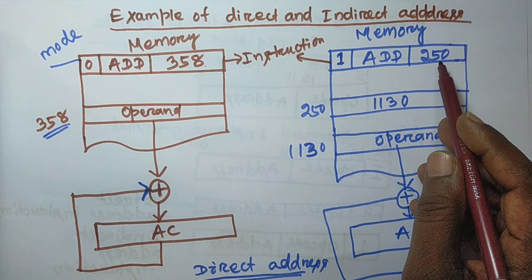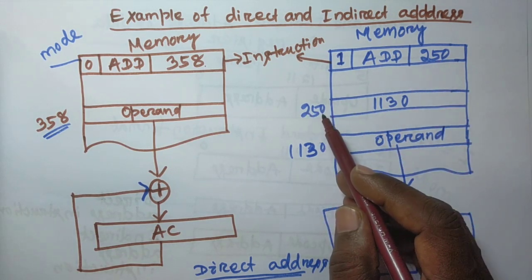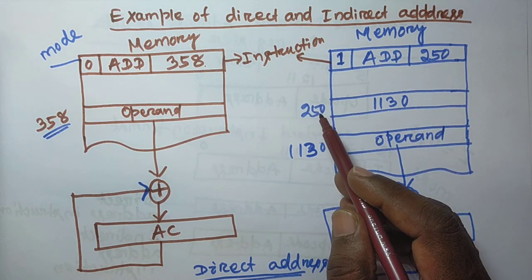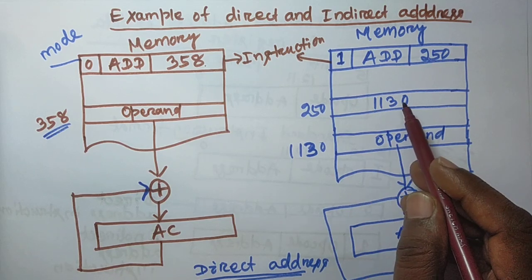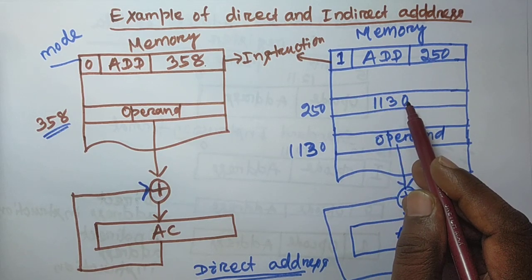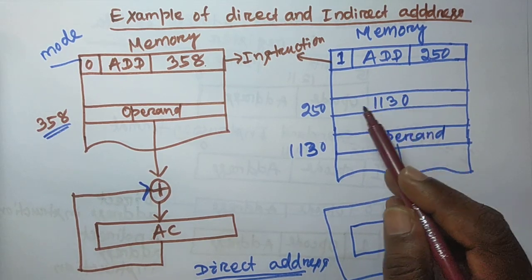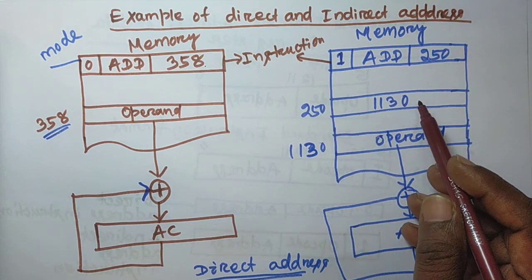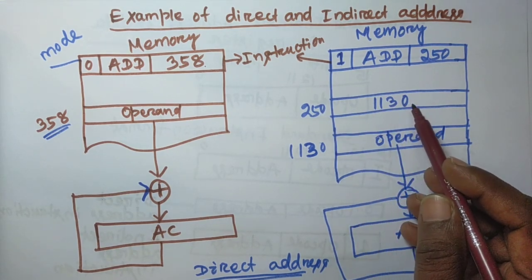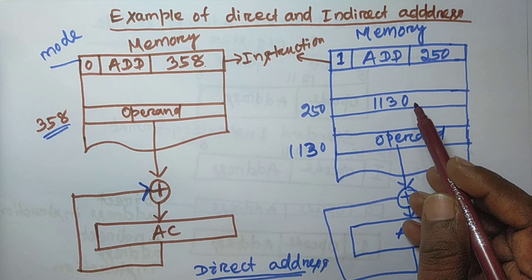We go through 250, here 250. But this 250 doesn't contain the operand. You see, there is no operand here. What does it contain? At 250 it contains another address, 1130. Another address is there.